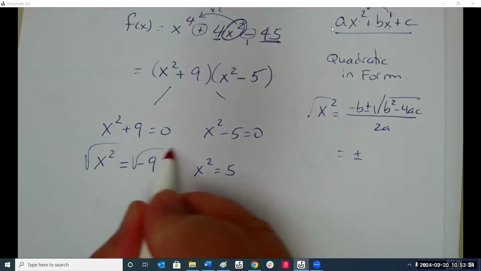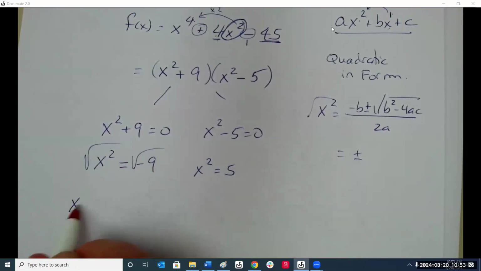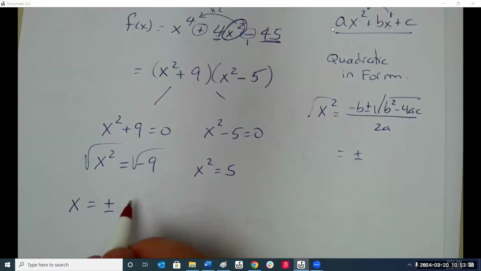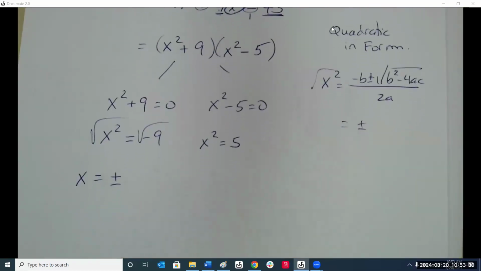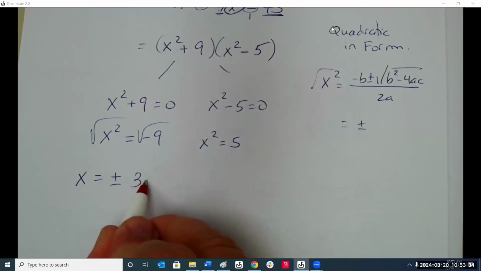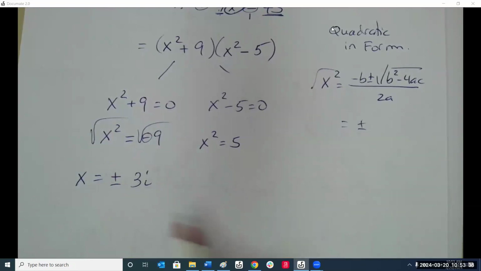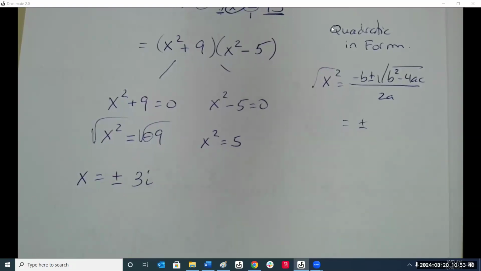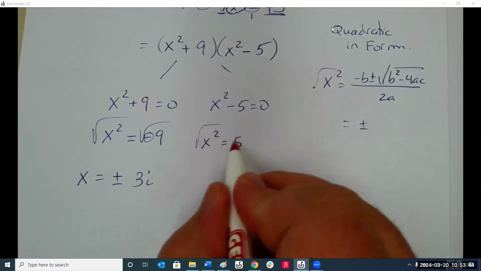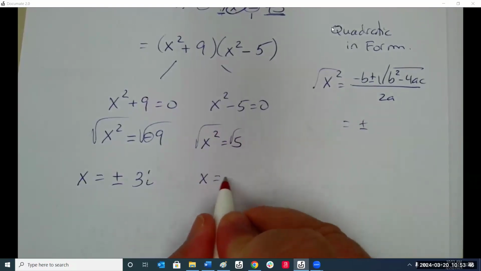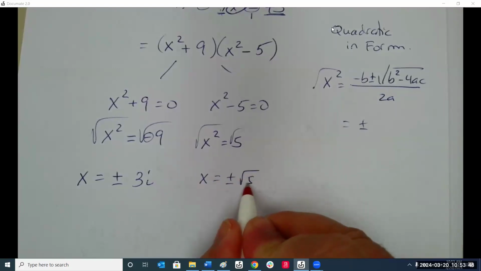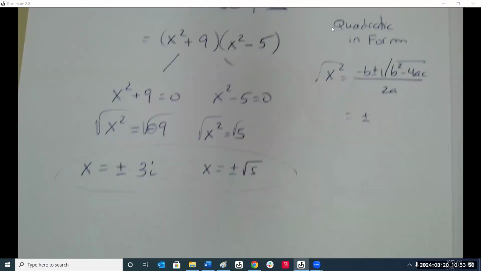So when we square root this one, we get x equals plus or minus what? Because you can't take the square root of a negative, it's plus or minus 3i. And this one, you square root this, x equals plus or minus square root of 5. These are your four answers.